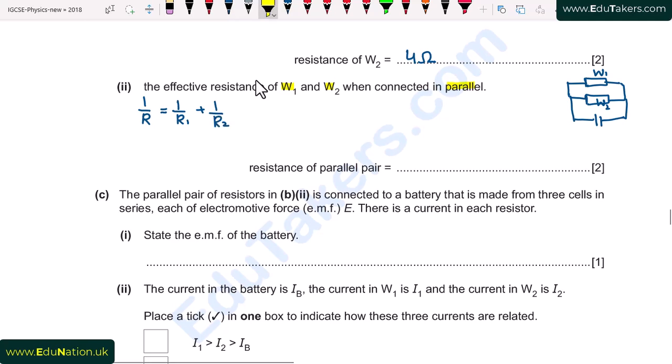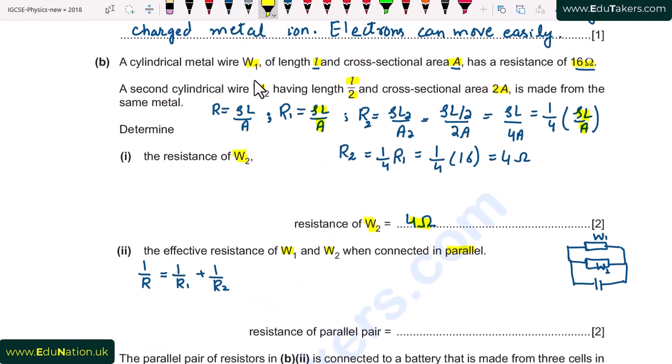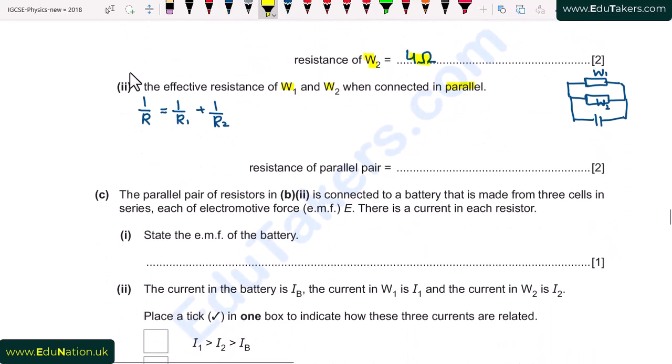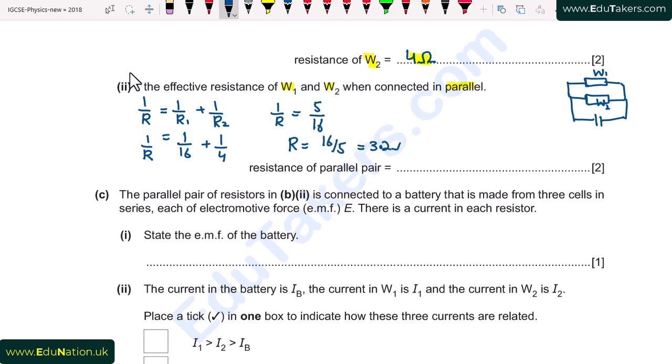Here the resistance of W2 is 4 ohms, while the resistance of the first wire is 16 ohms. Using these values I can write 1 over 16 plus 1 over 4 equals 1 over R. So 1 over R will be equal to 5 over 16, and from here R comes to be 16 over 5, which is 3.2 ohms.